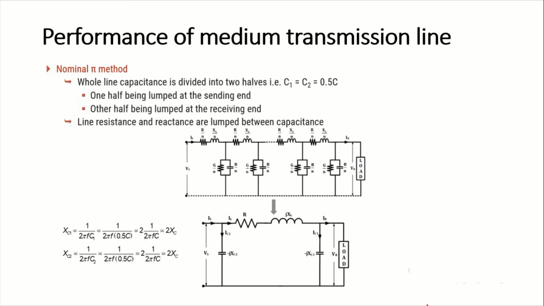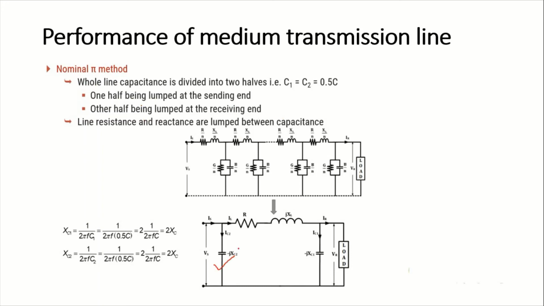Okay. Now the next topic is the performance of a medium transmission line by using the nominal pi method. In this method, the whole line capacitance is divided into two halves. The series resistance and series inductance are not halved. One half of the capacitance is lumped at the sending end and the other half at the receiving end.